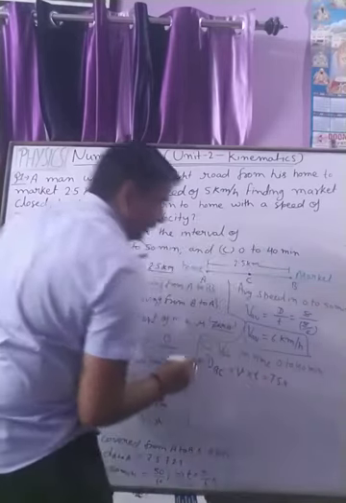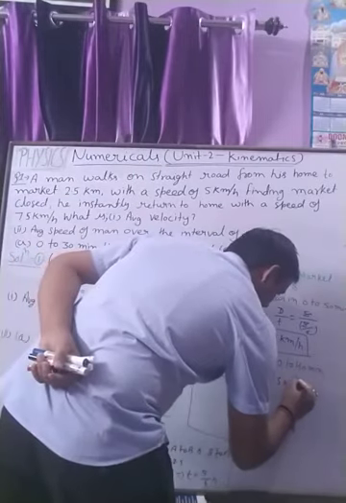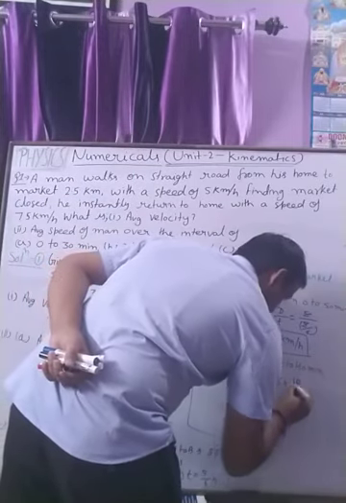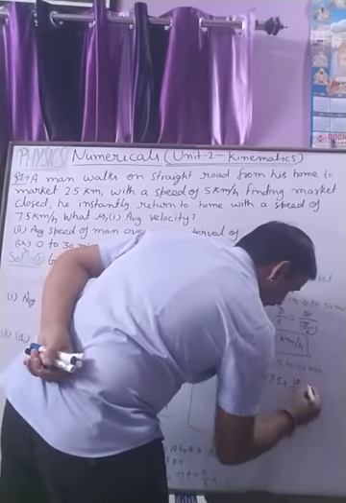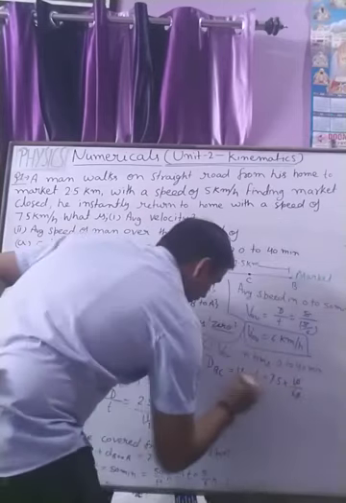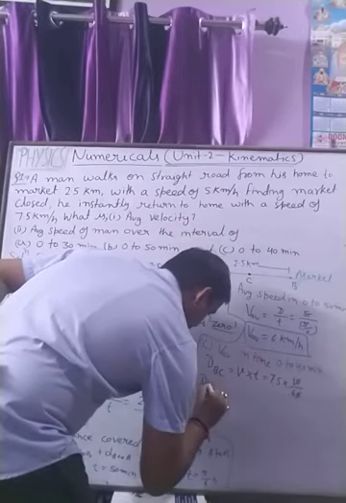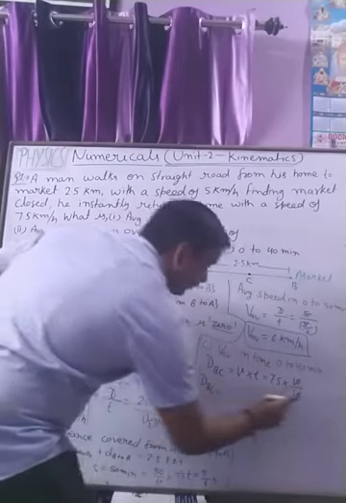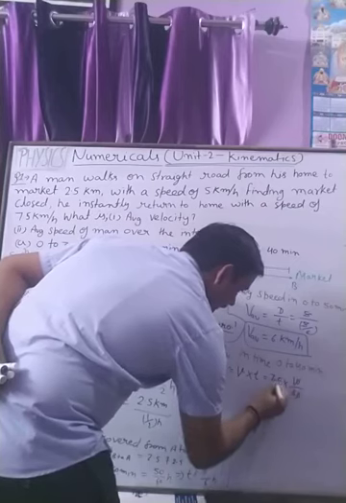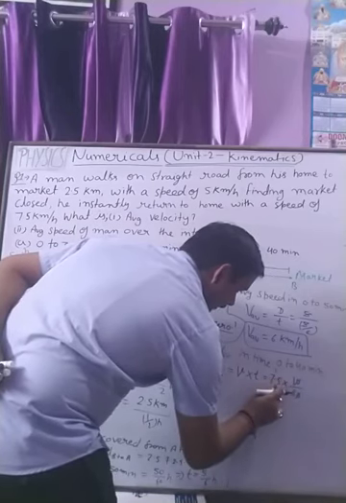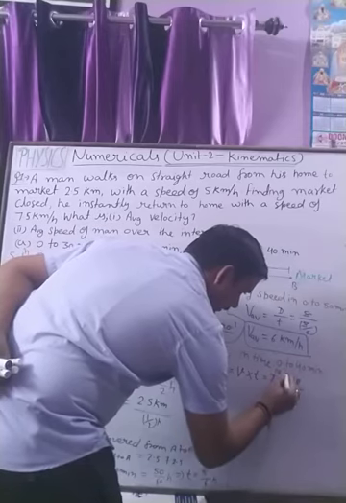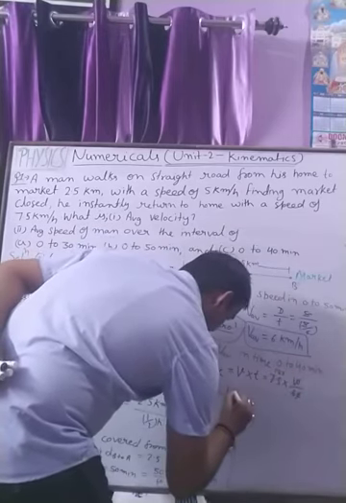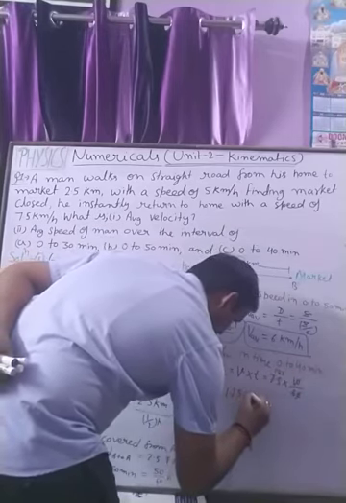This is 7.5 and time is 10 minutes. 10 minutes is converted into hours, 1/6 hour. It will turn to distance from B to C is 0.25 kilometer... that is 1.25 kilometer.